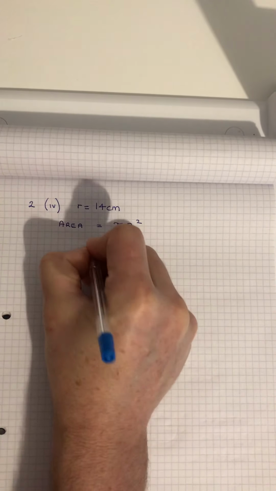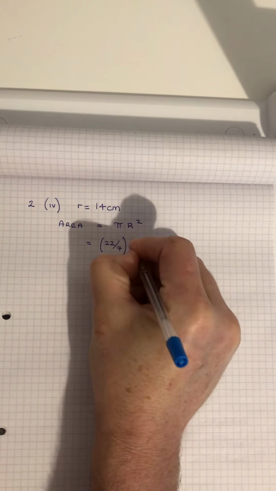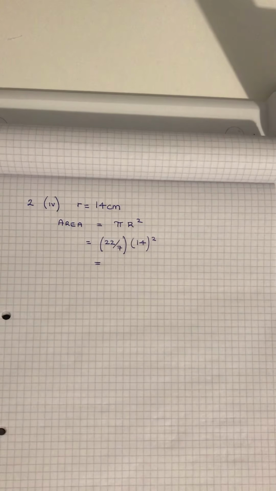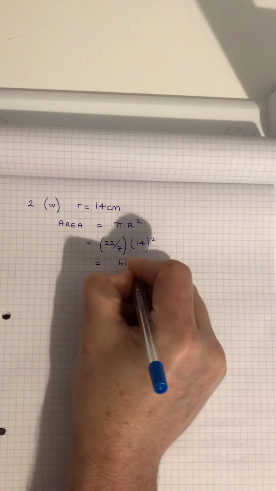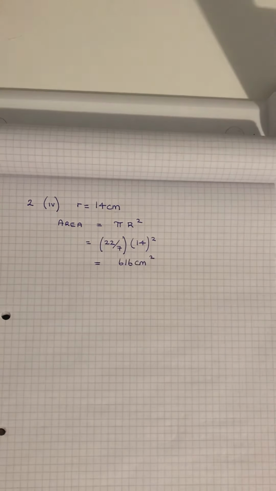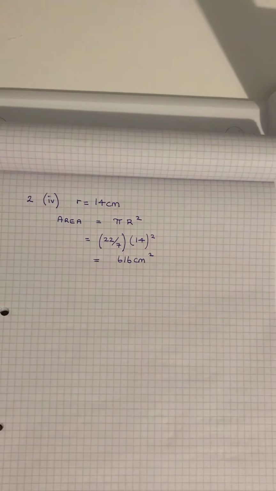And in this case, pi is 22 over 7 and the radius is 14 squared. So type that in on our calculator, take your time. And you get 616, and it's in centimeters squared. So that's the area of the first one, or part 4 in question 2.